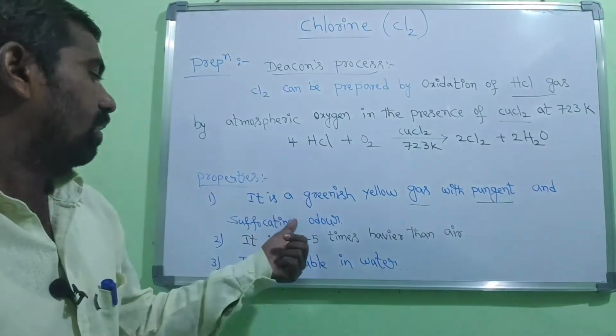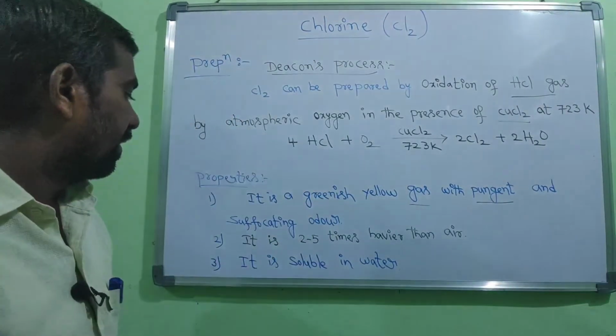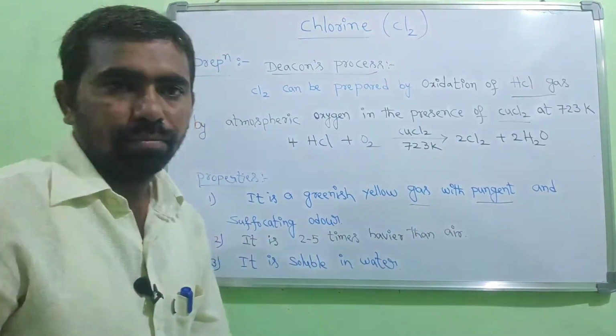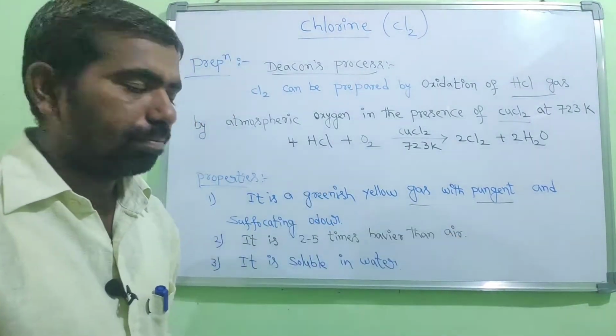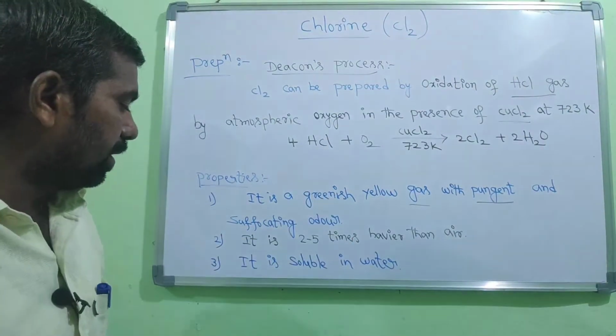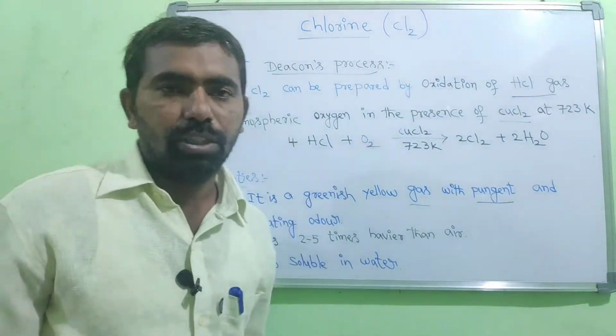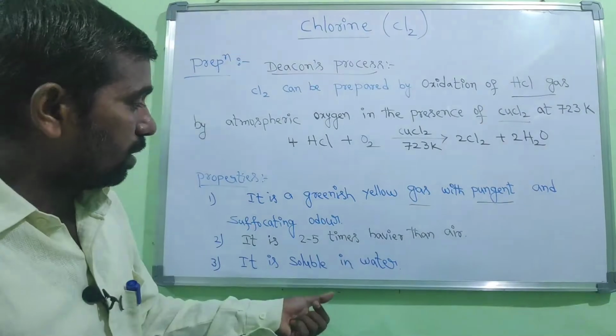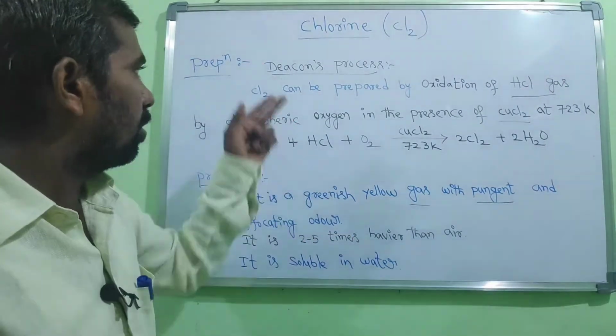That is what suffocating odor means. Next one, it is 2 to 5 times heavier than air. That means as compared to air, it is heavier. How many times? 2 to 5 times. And the next one is it is soluble in water. So chlorine can dissolve in water. That is about some of the physical properties of chlorine.